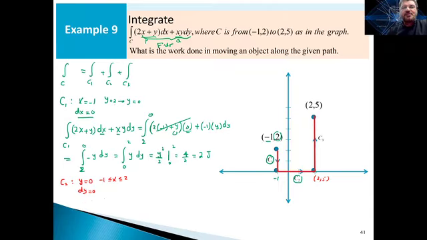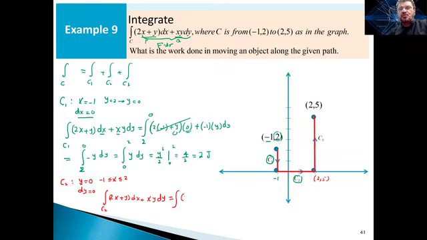So now I'm going to go back to my integration. The integration along C2 of 2x plus y dx plus xy dy is equal to the integration. Now who's going to change the y? Y is 0.